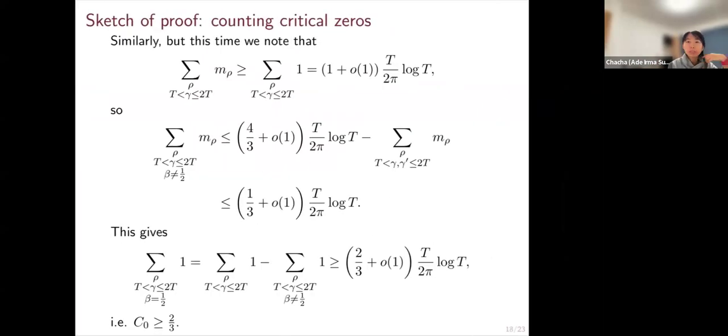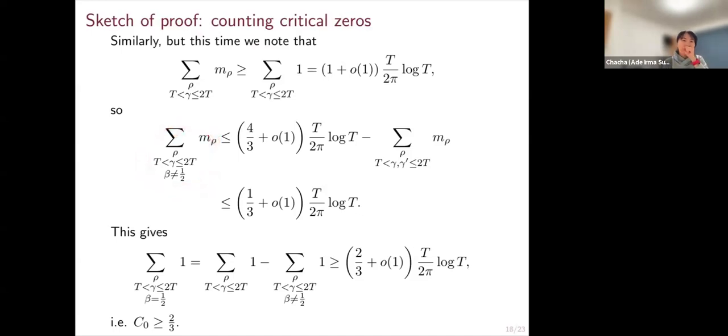And then we do the same for critical zeros. So you have seen all the ideas just now. We do almost the same thing, but this time I want to take, what did I do? I want to take the second summation.